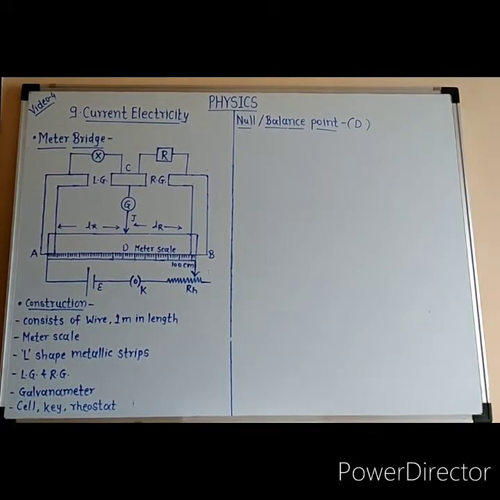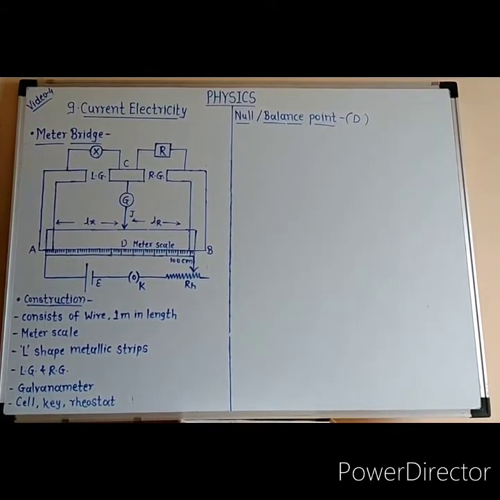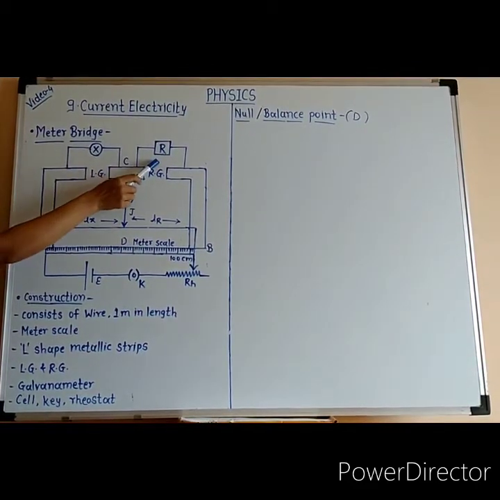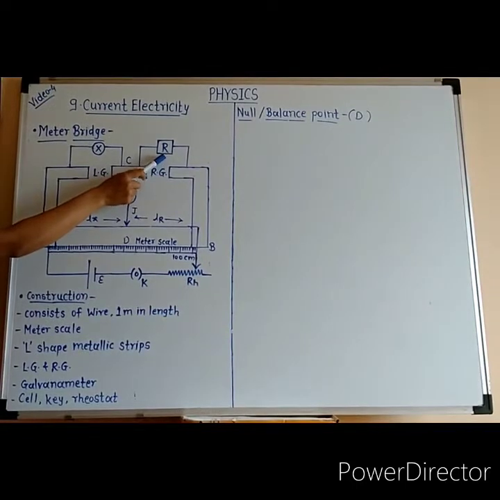Now we have to find the value of the unknown resistance X. For that, a suitable resistance R is selected from the resistance box.